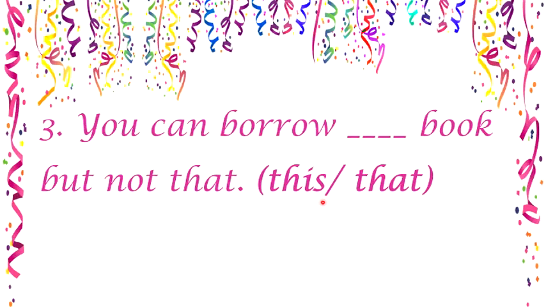You can borrow dash book but not that. Now here is a comparison. We are talking about you can borrow dash book but not that. So that means the other book is far off, for which we are using the word that. So this book is near, right? So the answer should be, you can borrow this book but not that.